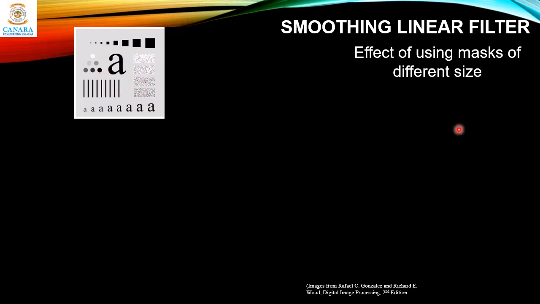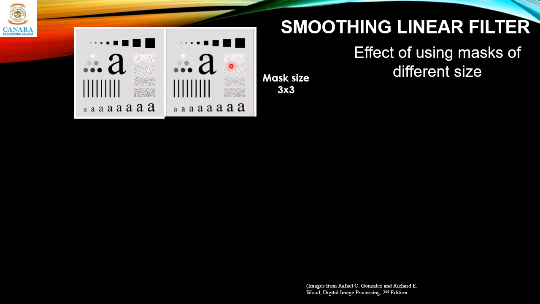Now if we apply a 3 cross 3 averaging filter, this is the result, and it has little effect. But if you examine closely, you can see some differences, like this pattern in the input has turned a bit more blurry. Noise has been removed, but it has turned into something blurry, and the same effect on other blocks also, a little bit blurry, but still okay. It's very hard to make out the difference.